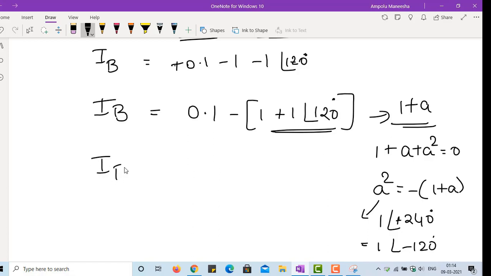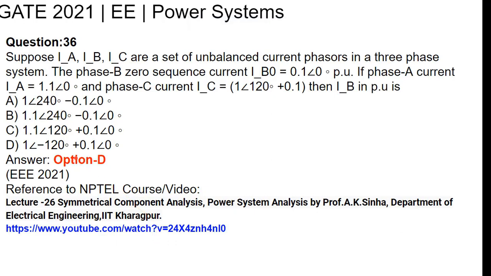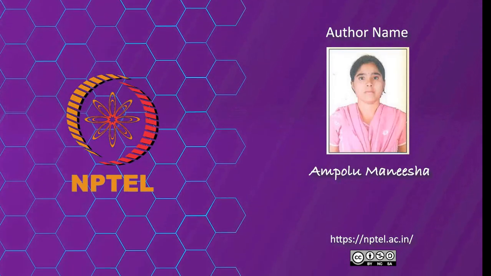So, IB is equal to 0.1 plus 1 at an angle of minus 120 degrees. So, option D is the correct answer, that is 0.1 at an angle 0 degrees plus 1 at an angle minus 120 degrees. Thank you.